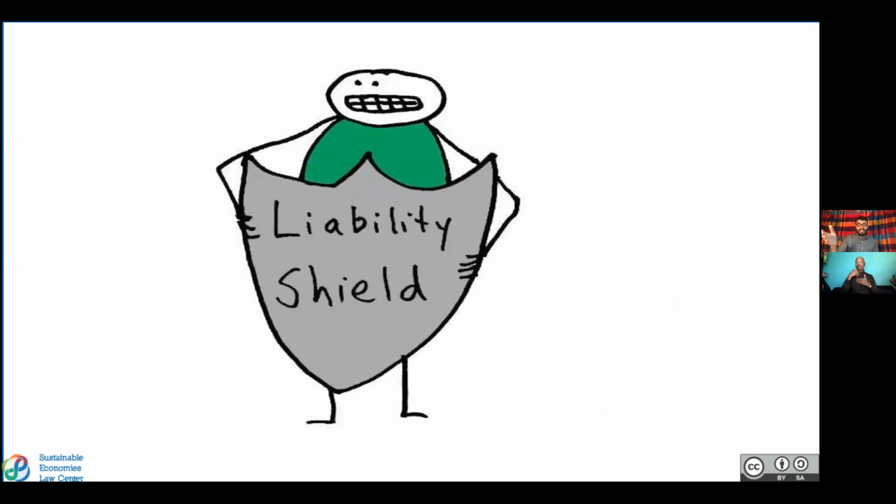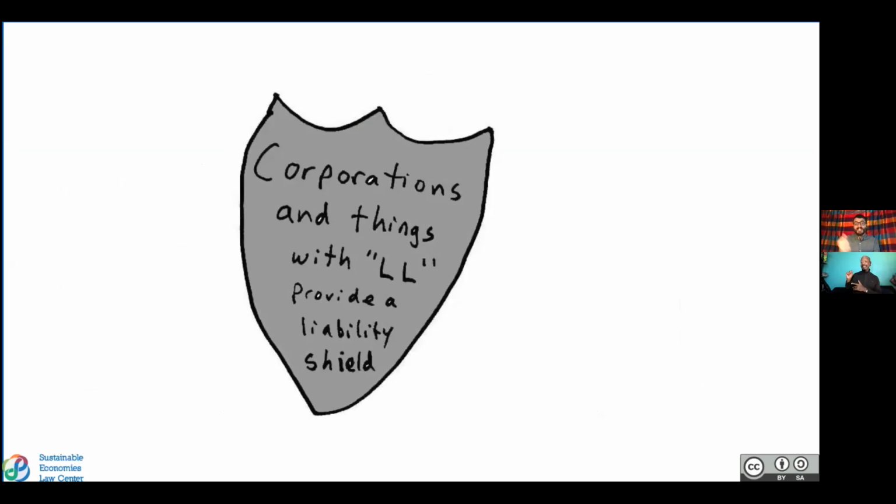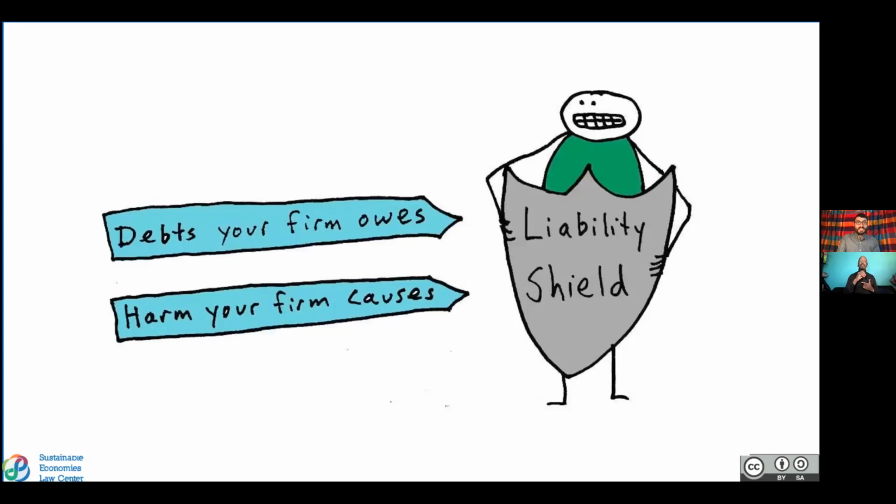They're basically drawing a line between the assets of corporations and any kind of company or partnership with LL, so like a limited liability company, offer a liability shield of sorts. So here's how it works.